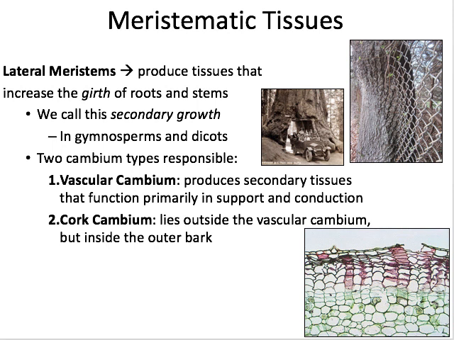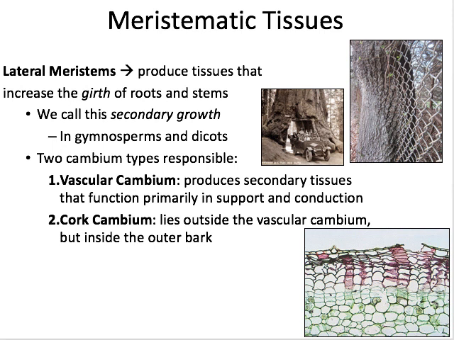There are two cambium types responsible, the vascular cambium and the cork cambium, and both of those allow for these trees to grow with lots and lots of diameter. In fact, some trees have grown so large that they grow right through fences, or they're big enough that a car could actually drive through it. It's phenomenal what this secondary growth can produce.